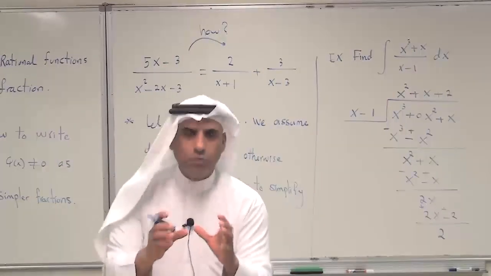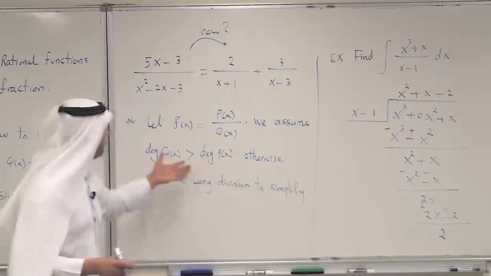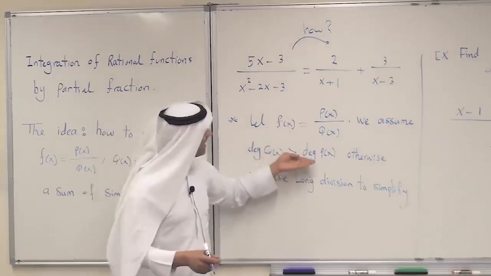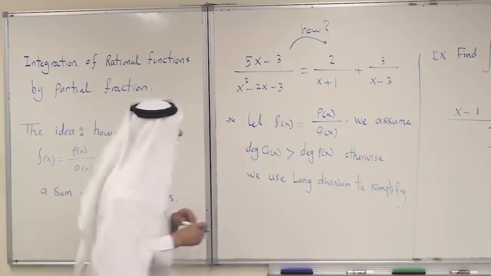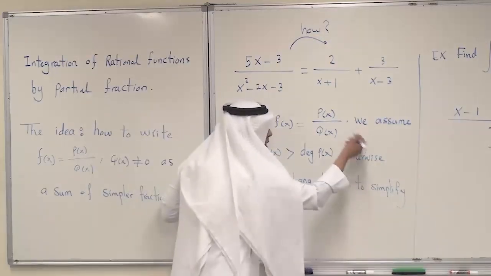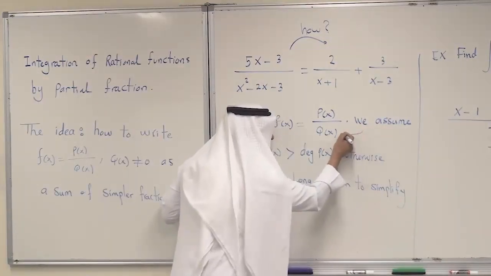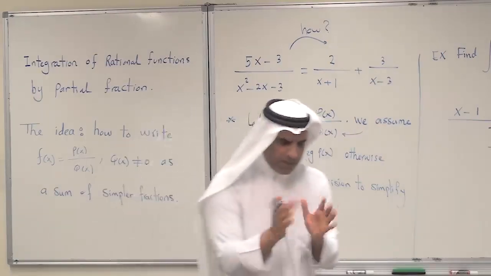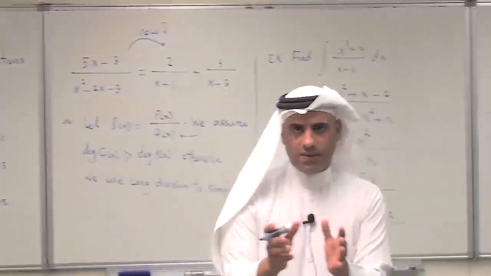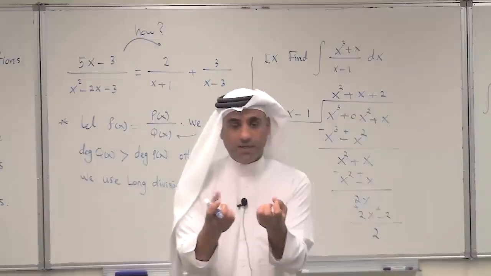Now, let us assume always this is possible, that the degree of Q is greater than degree of P. What is the next point we need to think about here? Now, all our work will depend on the shape of Q of x. We know that any polynomial with real coefficients can be factored out into what?